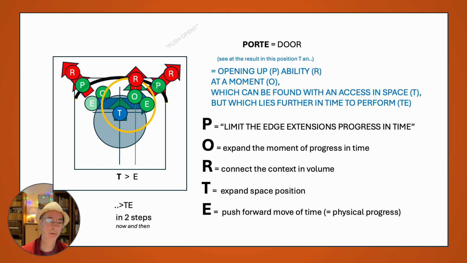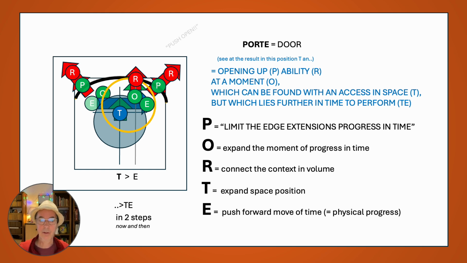You can see here, it's a physical position on T, but this physical position is enlarged with E, so it's enlarged with something in the background of a time process. This time process is described before that with the O. We take out a moment in which P, something can be pressed out and connected.